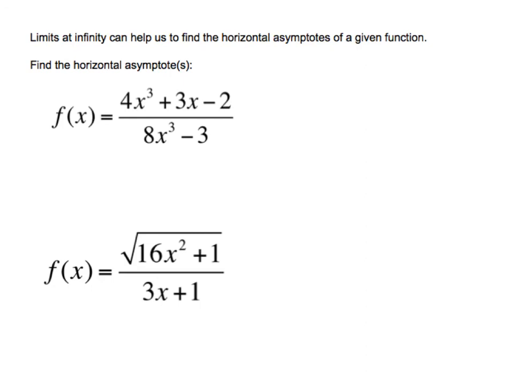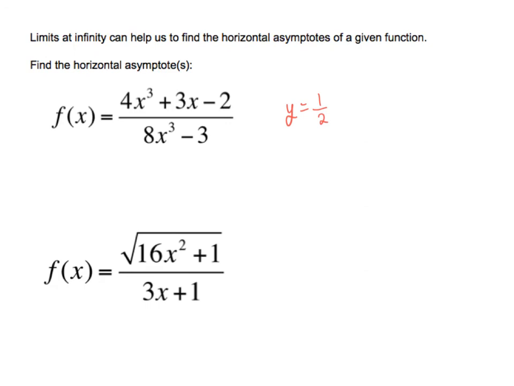In this case, if we have 4x cubed over 8x cubed, we know the degrees are the same, and it's going to bring us to 1/2. There's no square roots, there's nothing else happening differently, so it would not matter on the left or on the right. Okay. The second one, though, right, we need to think about what's happening on the left and on the right. Is it different behavior at positive or negative infinity?